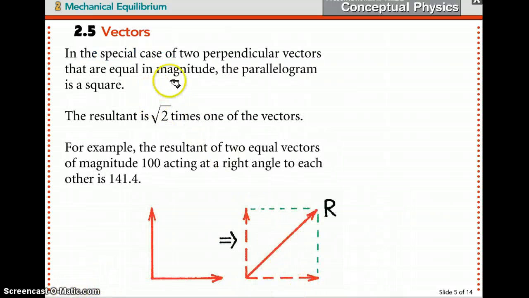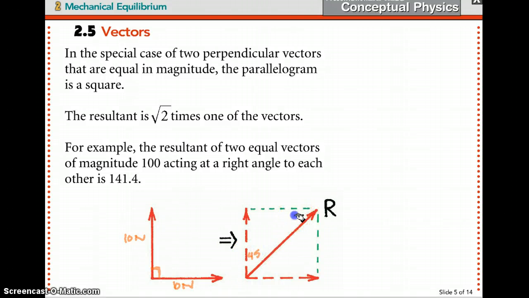Now there are sometimes special cases where we have perpendicular vectors. Perpendicular just means they are 90 degrees to each other, like in this case here. And they're equal in magnitude, so if this was 10 newtons acting upward, and this was 10 newtons acting to the right, you can see our parallelogram would end up being a square. So this is a special case where you remember the ratio in a 45, 45, 90 triangle, which is what we have over here.